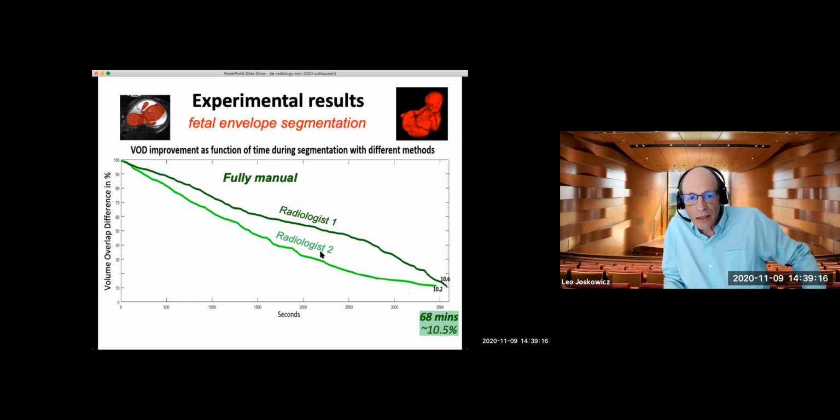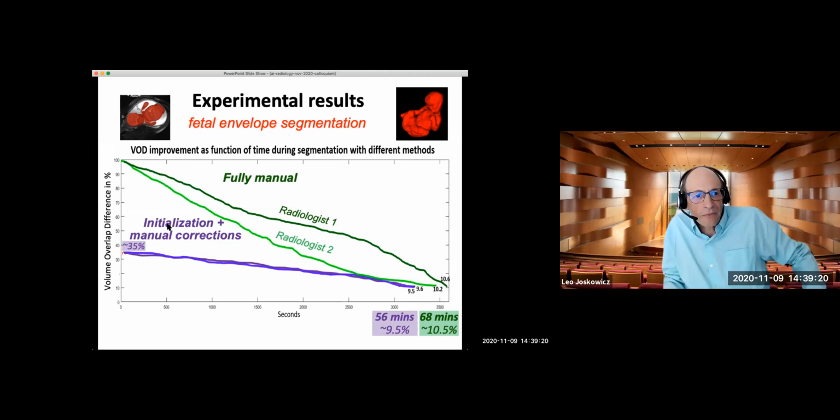And you see that the two radiologists did more or less the same amount of work. If you use a network that was trained only with 8 examples, you will start much lower. So the error is about 35%. However, notice that the time to correct them is almost the same as starting from scratch.